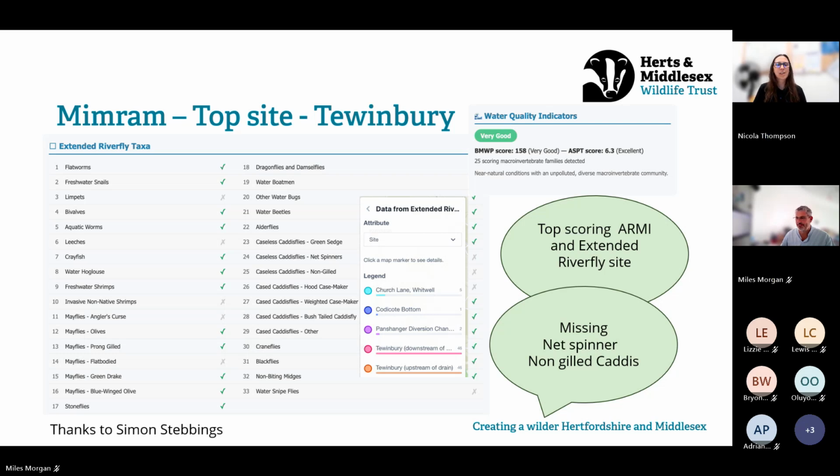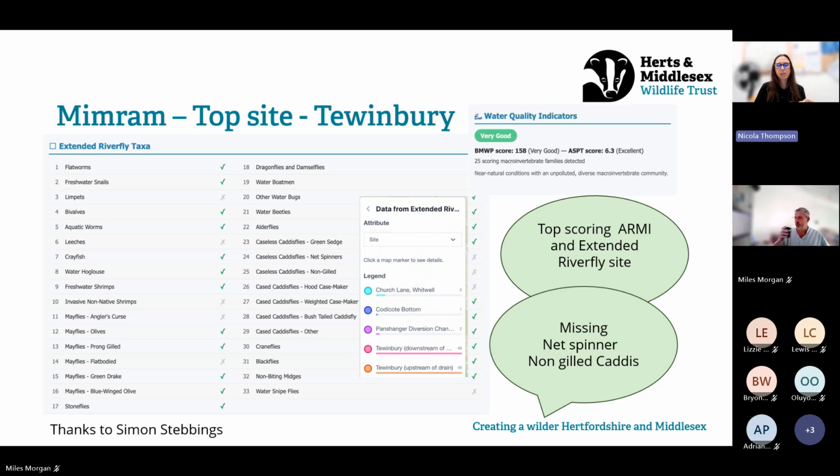On the Mimram, the top site when we look at the extended riverfly scores, this is our top site for eDNA. Also, we have Simon Stebbings, who's doing a lot of extended riverfly there. It's coming out as the top site on the Mimram, this Turnford site, through his manual studies.